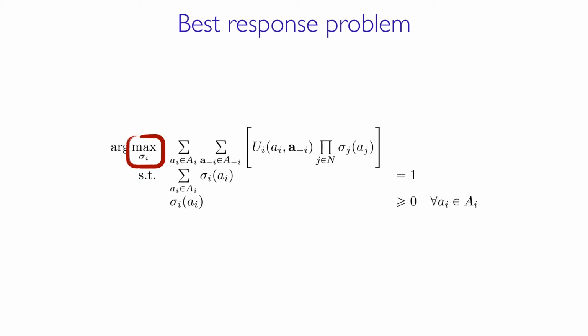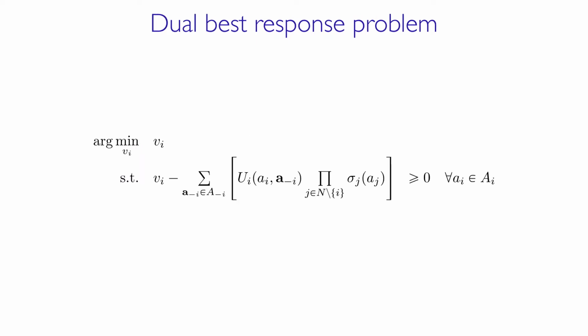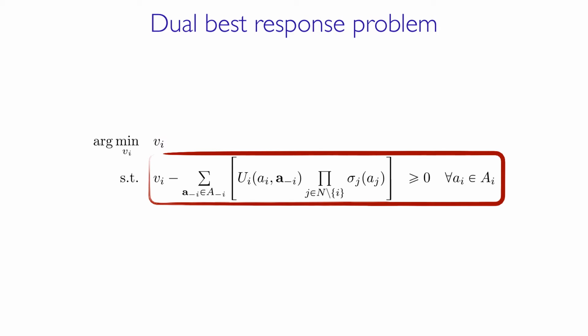The first step is to study the dual problem. Here we have the dual problem. The objective function is v_i, that is a scalar. Here are the constraints, requiring that the value of v_i is not smaller than the value provided by every action of player i.